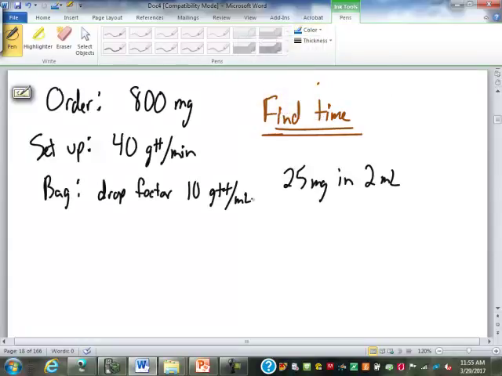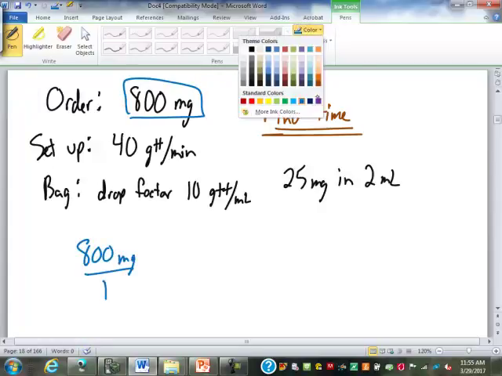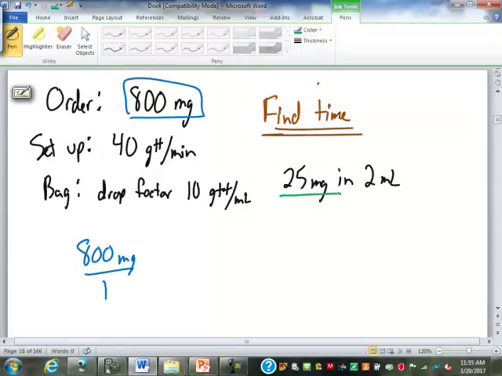So we'll start out again with the volume that we have to infuse. In this case, it's not a volume, it's actually a mass of 800 milligrams. And then we're going to start converting. Now again, we don't have anything that's going to get us from milligrams to time, so we just start looking for a way to get rid of the milligrams. We have over here an equivalency between milligrams and milliliters.